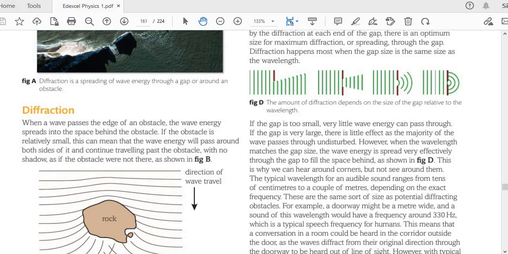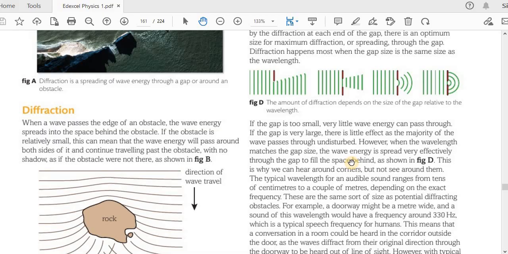But in the case of sound waves, you can even calculate the wavelength. In the case of sound waves, the wavelength of the waves matches the gap size, or the gap size matches the wavelength of the waves.